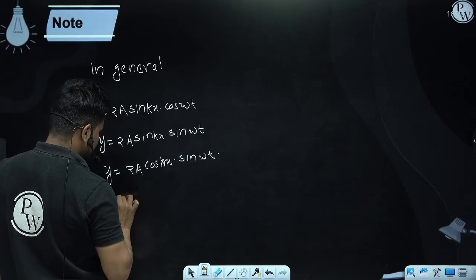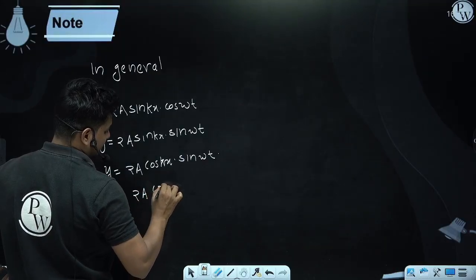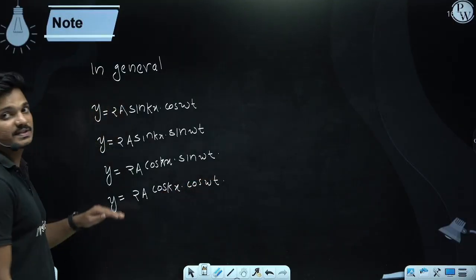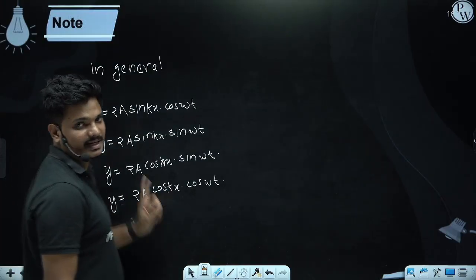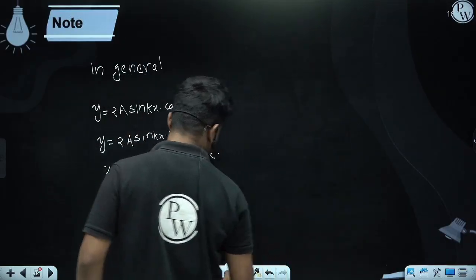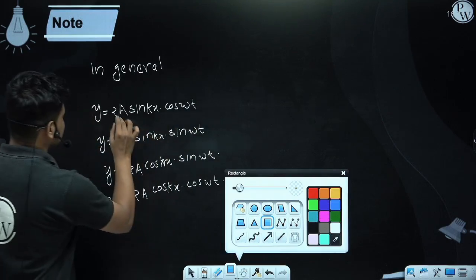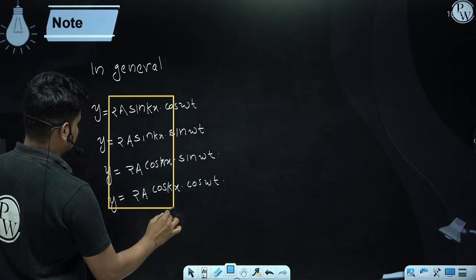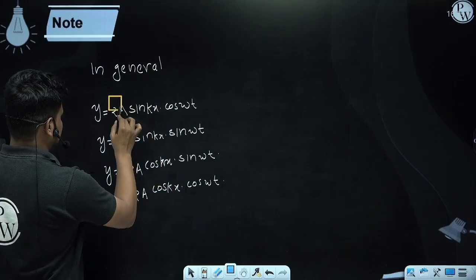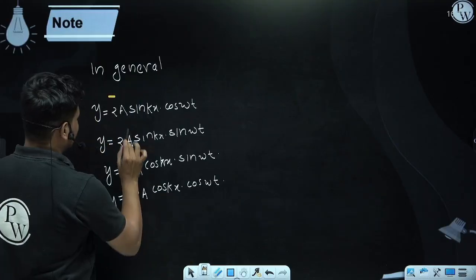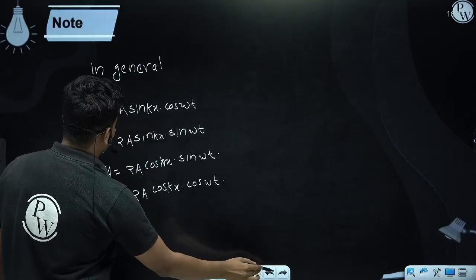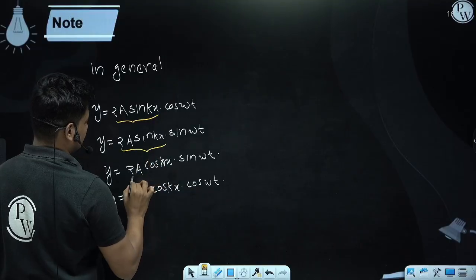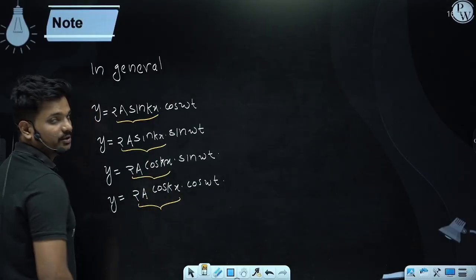The next one is 2a cos kx into cos omega t. These are the four possible standing waves. In this you should remember, this one is our amplitude. In here this is the amplitude.